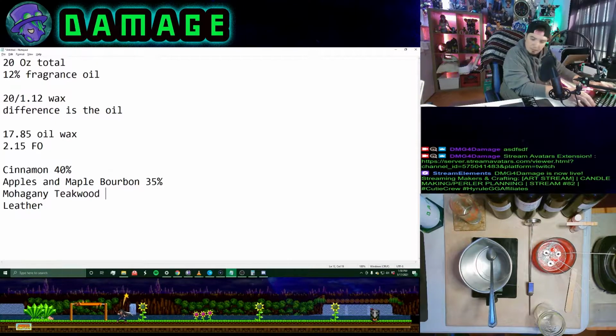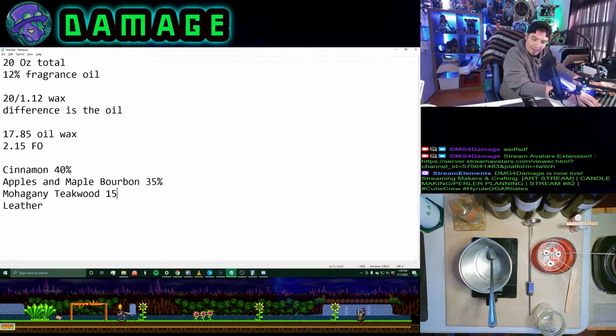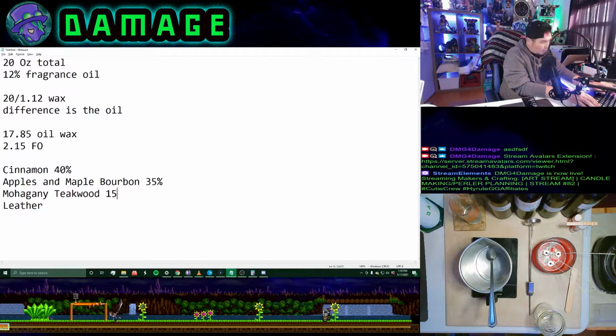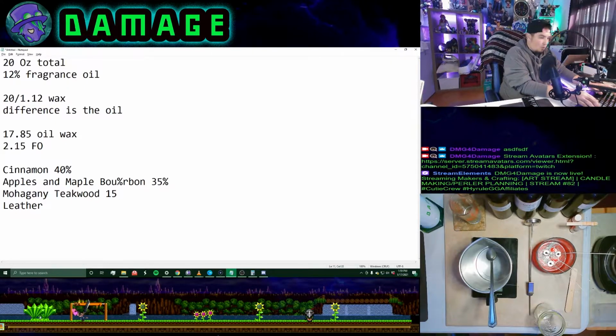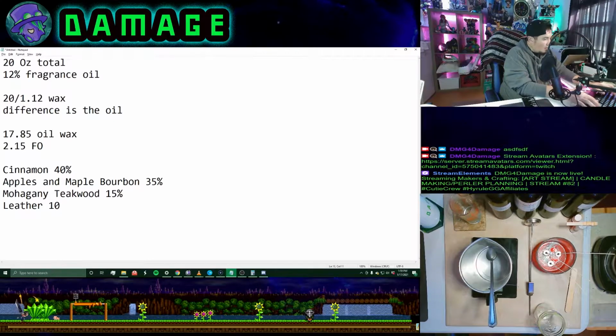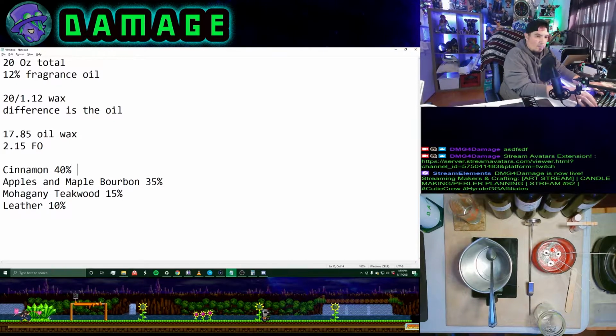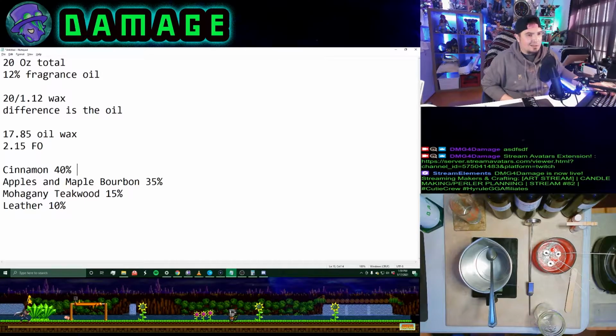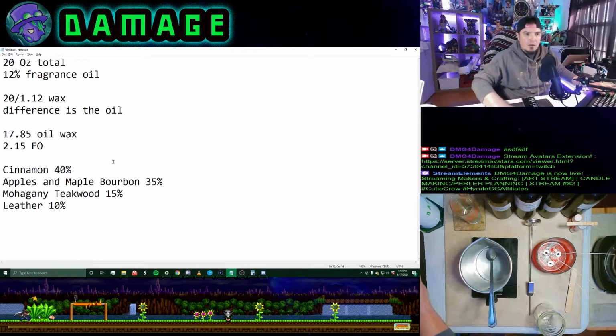I think this will be a good amount, so we'll keep these amounts. The leather is pretty strong, but it's also a very big complement to cinnamon, so I'm going to keep that.